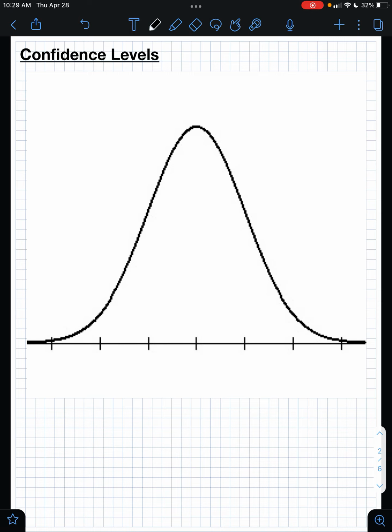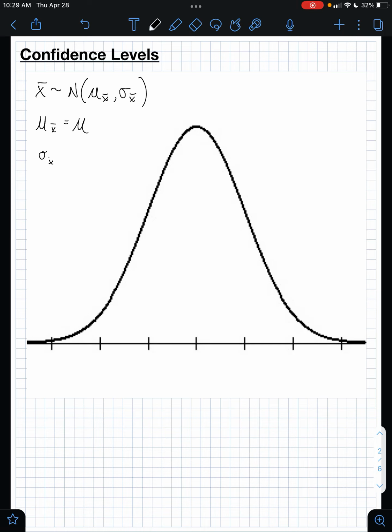Now, this is based on the central limit theorem, which says that the distribution of sample means is approximately normal, where it is centered on the mean of the sample means, which actually is the population mean.